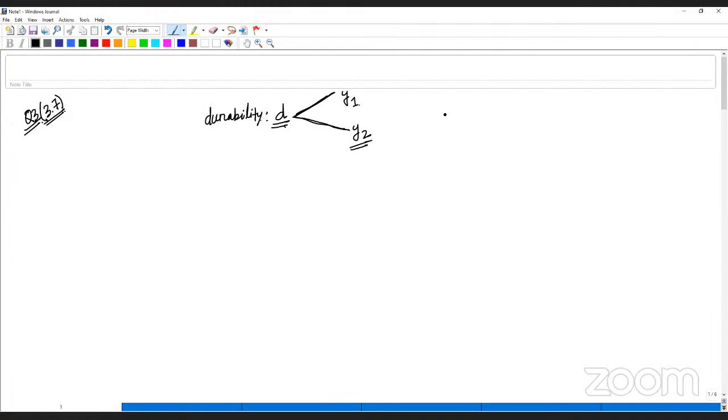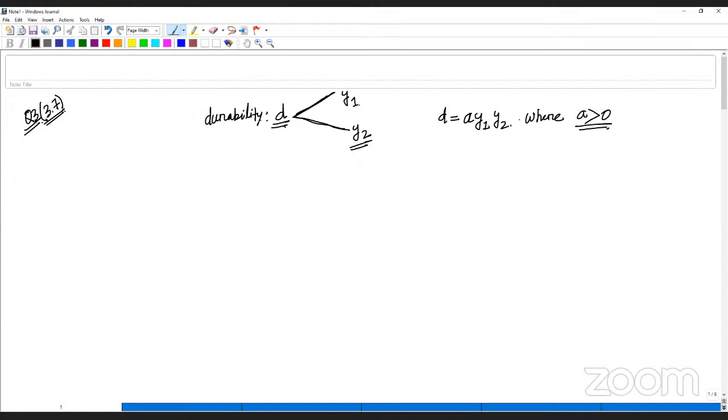It's also mentioned that D is basically A into y1 times y2. So D is a function of y1 and y2, given that A is greater than 0.